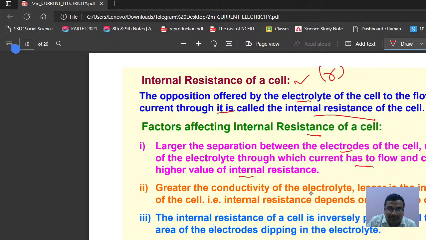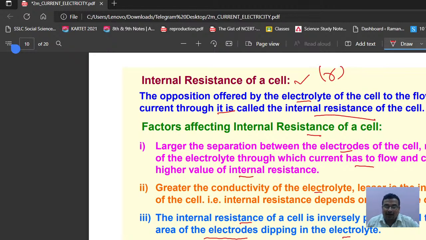The greater the conductivity of the electrode, the less the internal resistance will be. My dear friends, as the conductivity increases, internal resistance decreases. So internal resistance is inversely proportional to the area of the electrode in the electrolyte.